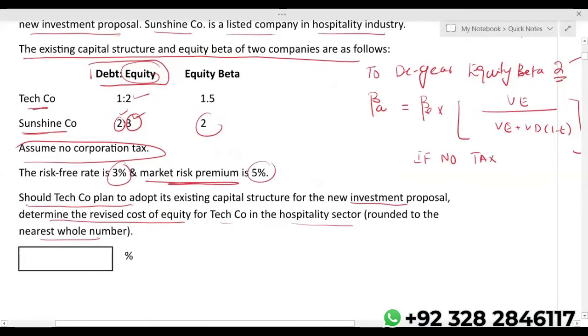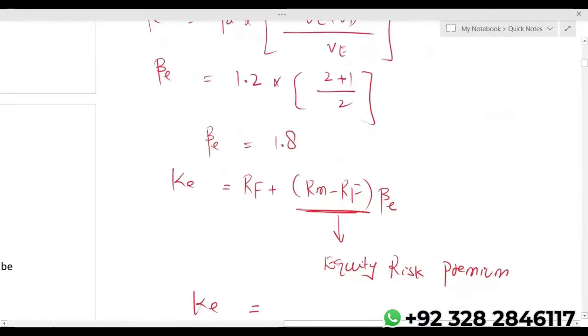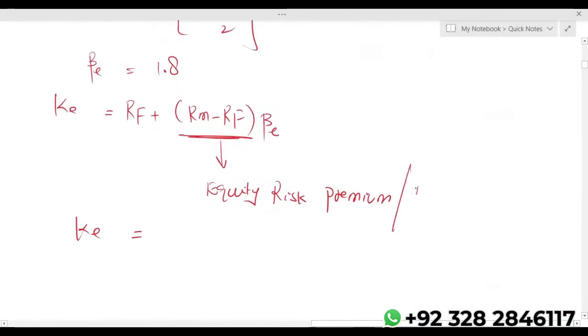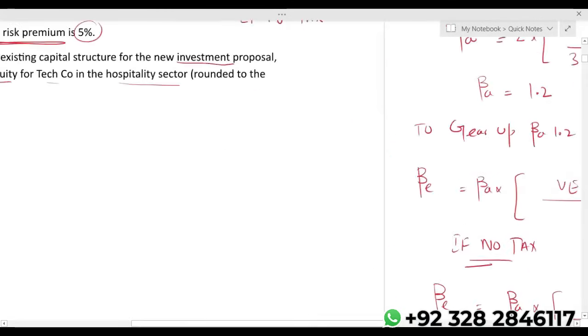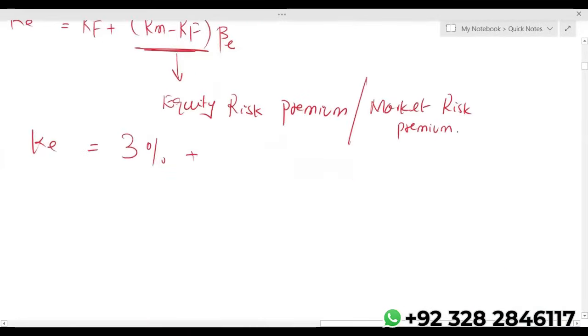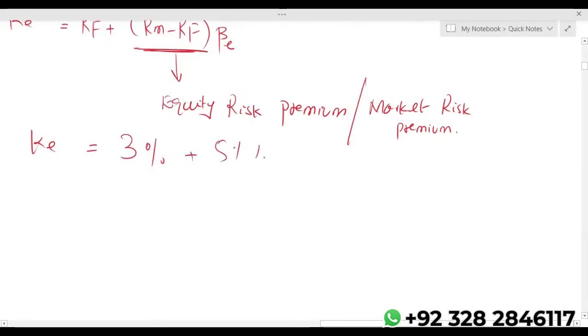Market risk premium is 5%. Another name for the equity risk premium is market risk premium. Both are alternative names. So RF, they have given us 3%. RM minus RF, market risk premium, they have given us 5%, into 1.8. So 5 into 1.8 plus 3. Students, KE, I'm getting 12%.